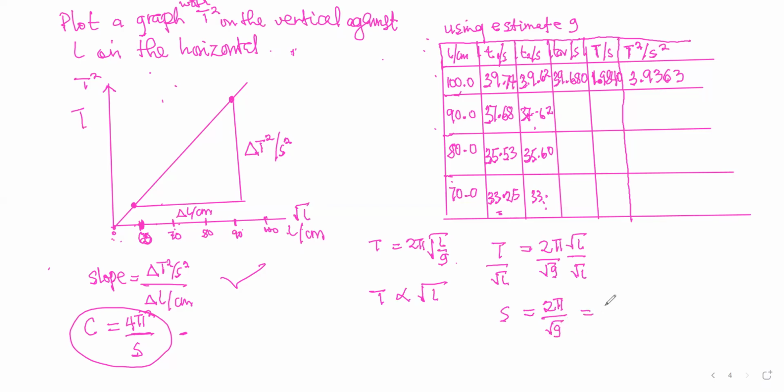To test whether you are correct, it's just 2 pi divided by root of 10, with g in meters per second squared. Because you are not converting, you can also change your 10 meters per second squared, which is acceleration due to gravity, to centimeters per second squared, and use that to check whether your value of the slope is correct or otherwise. So this is just it.